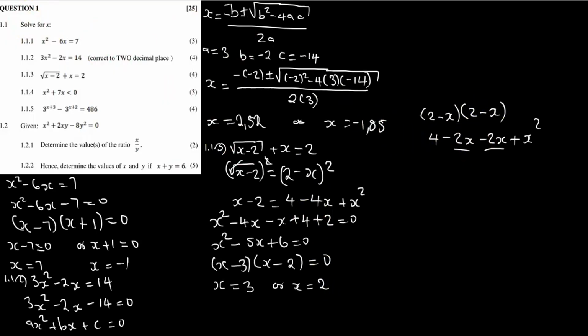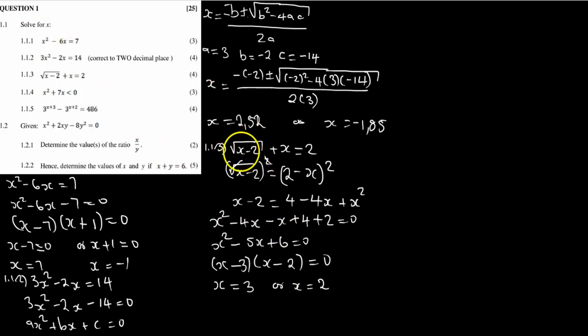So you can now punch on your calculator and check which of these answers do not satisfy the original equation. You can just substitute the value 3 and substitute the value 2.